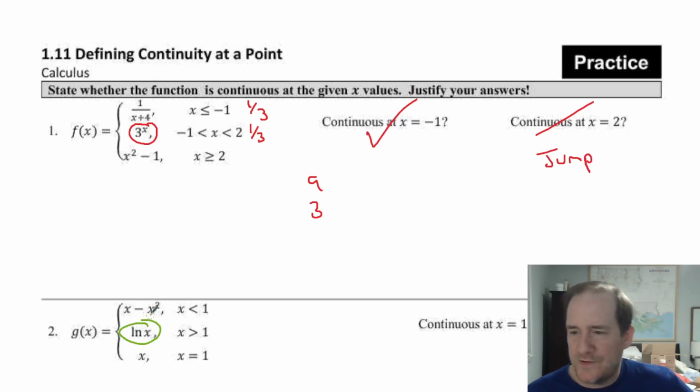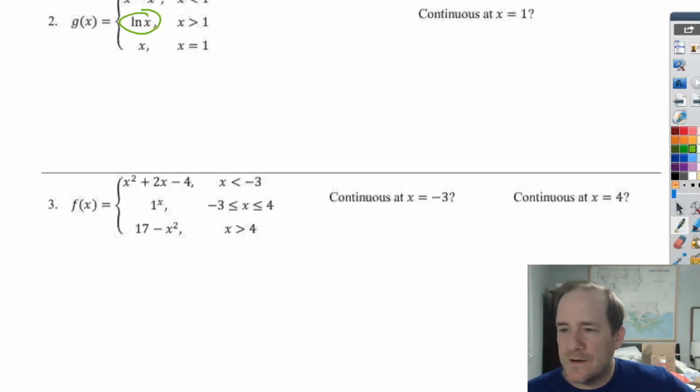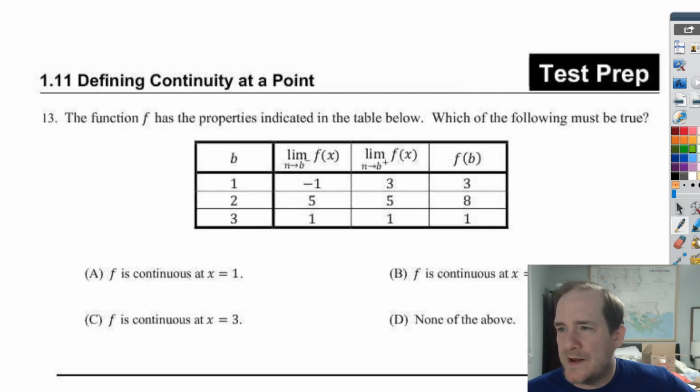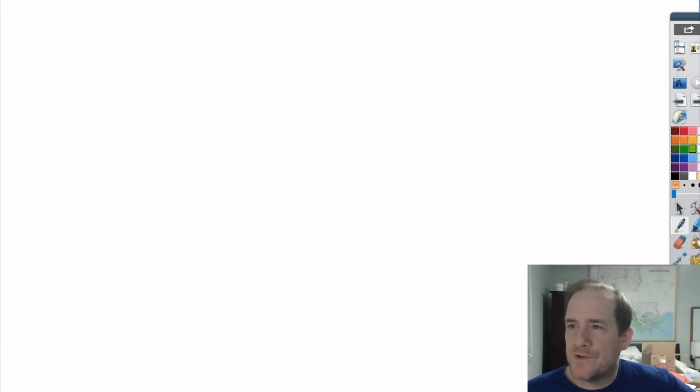Natural log is built in here. That's something you should probably know a little bit about. This guy's pretty normal looking. Sine, cosine, and tangent. Probably won't ask about that, but you never know. Anyway, this question at the end, the one that's supposed to be test prep or whatever, I thought this was worth talking about. So let's go do that.